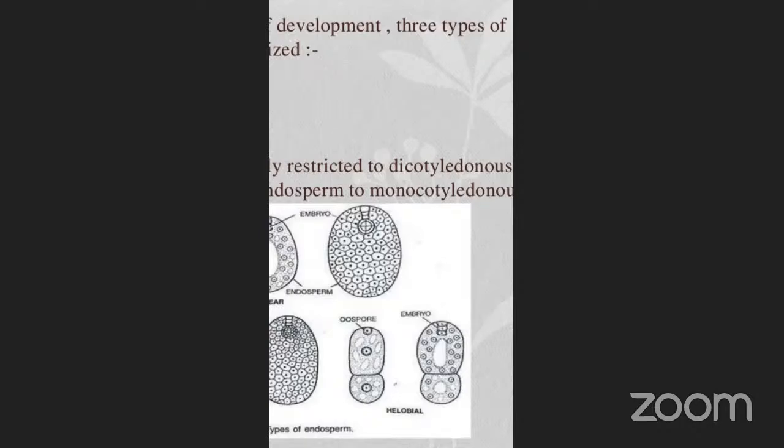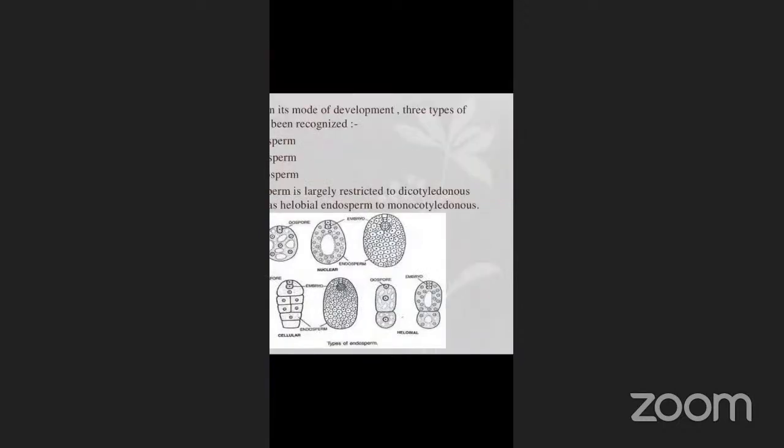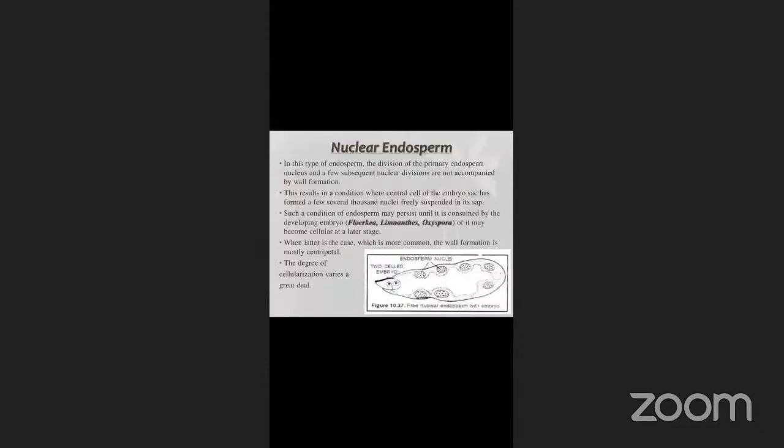This is the chalazal end, which shows the embryo. Near the antipodal wall, formation takes place, producing a large micropylar and a small chalazal chamber. The chalazal chamber is densely cytoplasmic and deep staining. This is the helobial type of embryo sac.